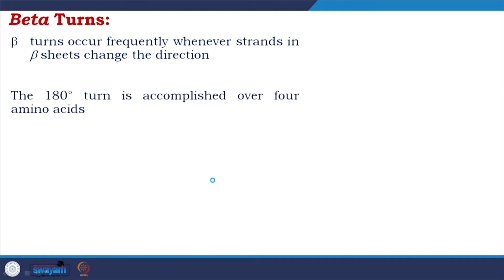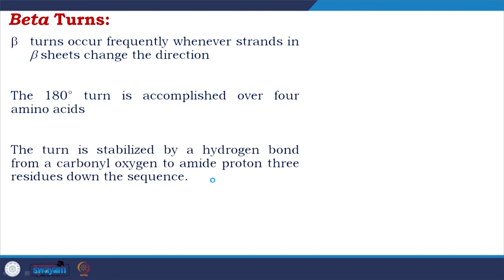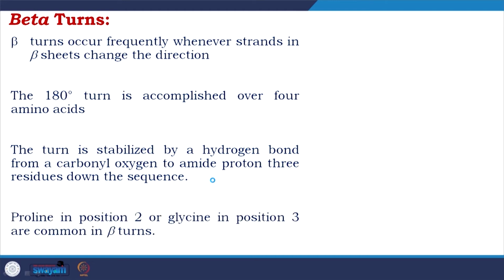The 180-degree turn is accomplished over 4 amino acids. The turn is stabilized by a hydrogen bond from a carbonyl oxygen to an amide proton 3 residues down the sequence. So, it is similar to an alpha helix, but instead of n to n plus 4, it is 3 residues. Proline in position 2 or glycine in position 3 are common.